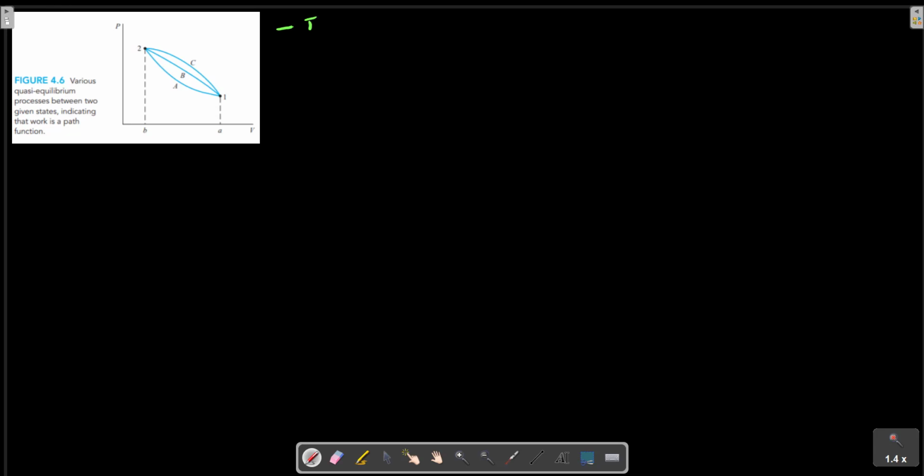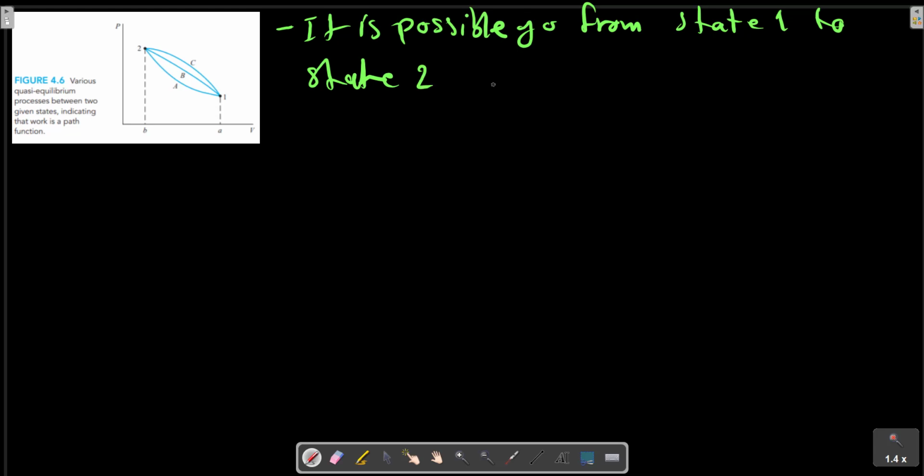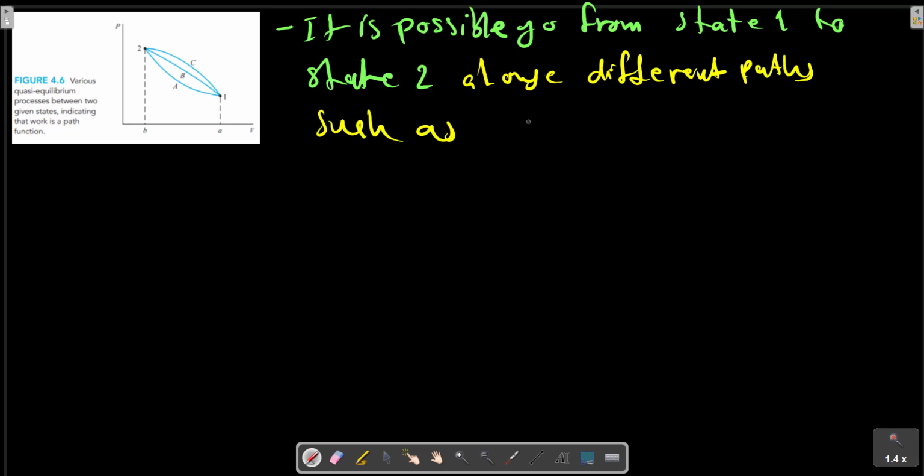So we have a note: it is possible to go from state 1 to state 2 along different paths such as A, B or C. Since the area under each curve represents the work for each process, the amount of work done during each process not only is a function of the end states of the process but also depends on the path.